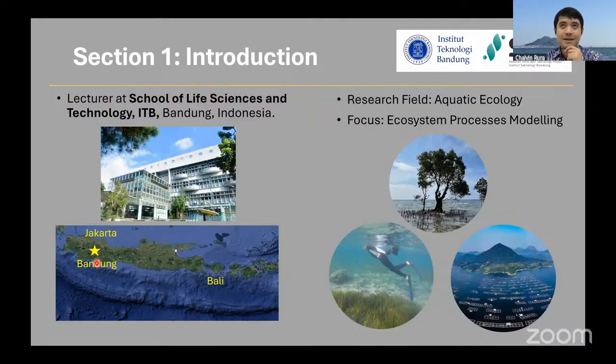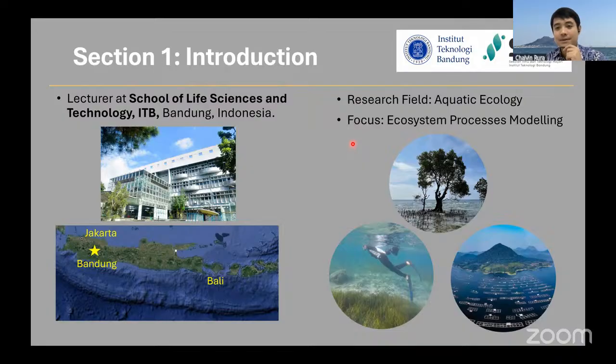I have to travel roughly 100 kilometers to go to the beach. It's very close to the capital of Indonesia, which is Jakarta. And here is Bali, because usually when I say I'm from Indonesia, most people only know about Bali. I don't live near Bali, but it's still very close.